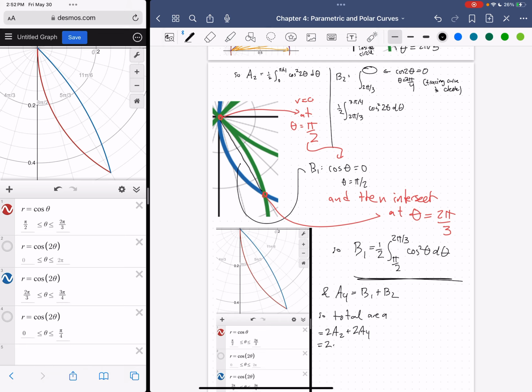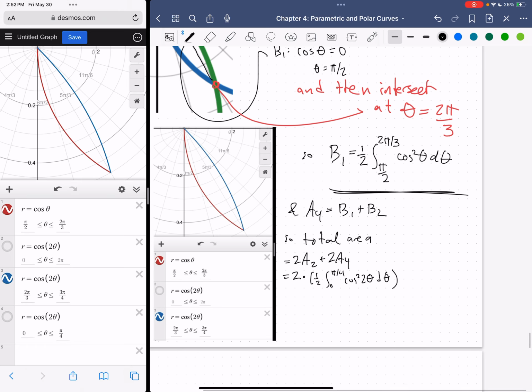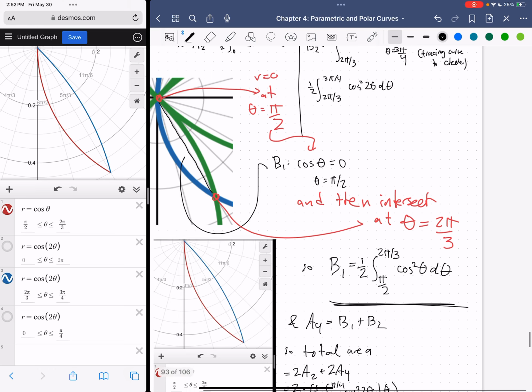Okay, so 2 times 1/2 integral from 0 to pi over 4 of cos squared 2 theta d theta, plus 2, and then A4 we know is those two integrals, so we can add those together as well.